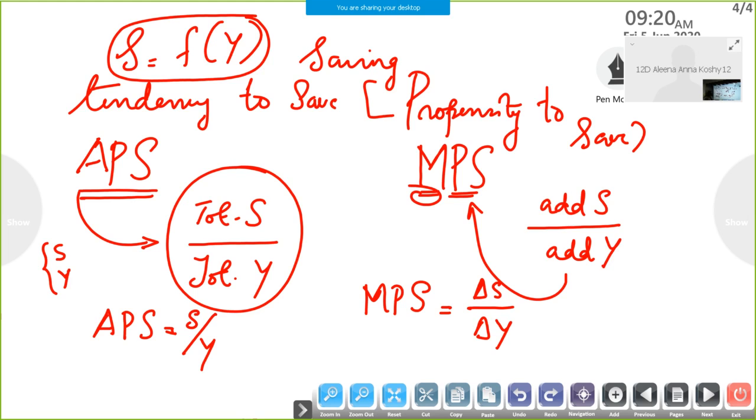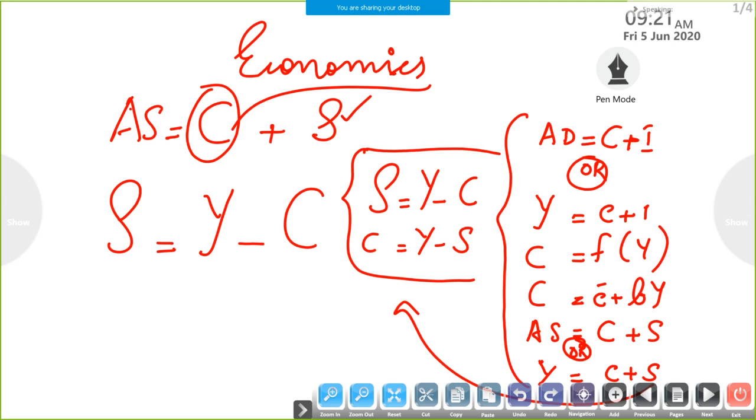For MPS we are using additional saving and additional income. By using that we can prepare the formula APS is equal to S by Y and MPS is equal to delta S by delta Y.